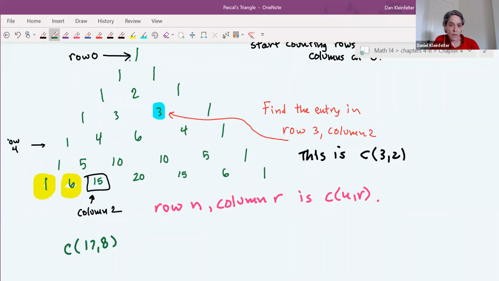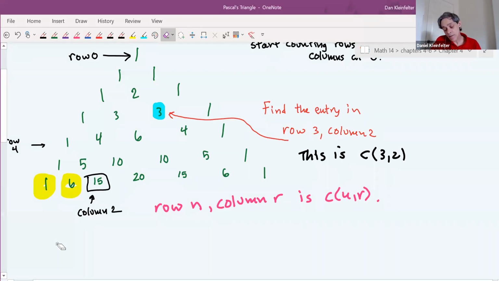You just have to decide what the trade-off is. For something like C(17,8), it's going to be faster for you to use the formula than to write out Pascal's triangle. If you have relatively small numbers, and especially if you had several of these to figure out, then it may be worthwhile to write out Pascal's triangle. I like to show Pascal's triangle in part just because I think it has some intrinsic interest to it.